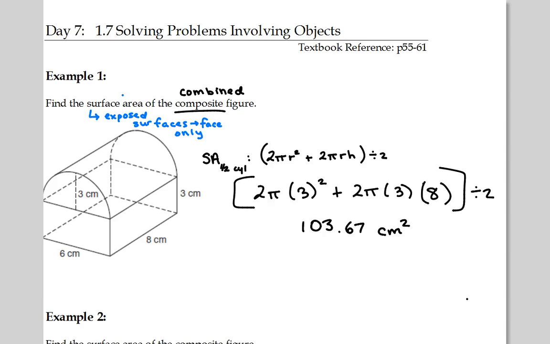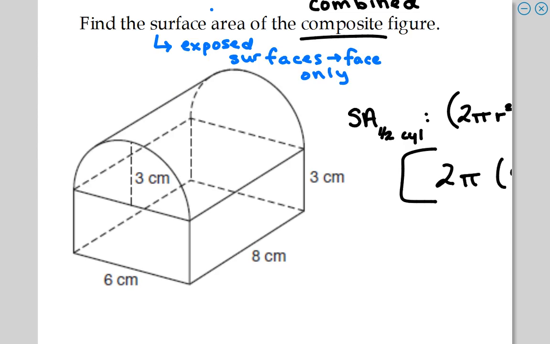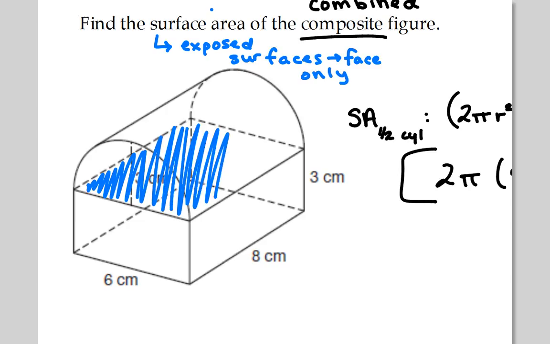We've taken care of the top object. Now we need to take care of the bottom object, which is a prism. So when you go look at your formula sheet, you have a formula for this. However, you have to modify it because there's one surface that's not exposed. It's this top surface that's actually not even there.